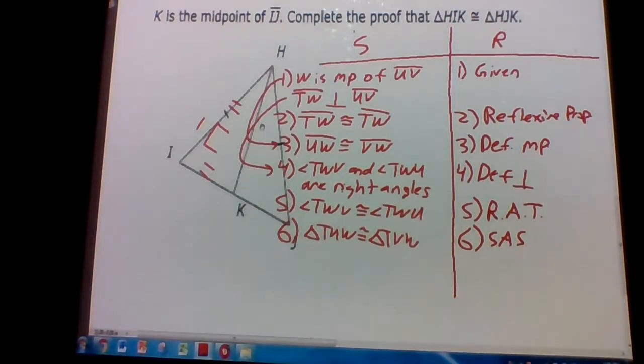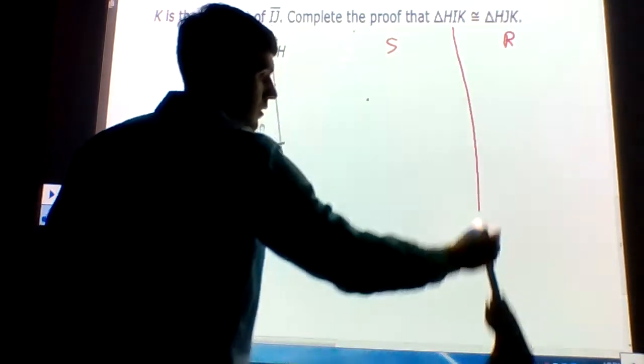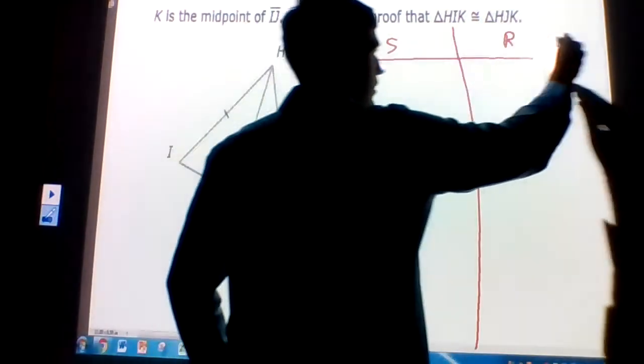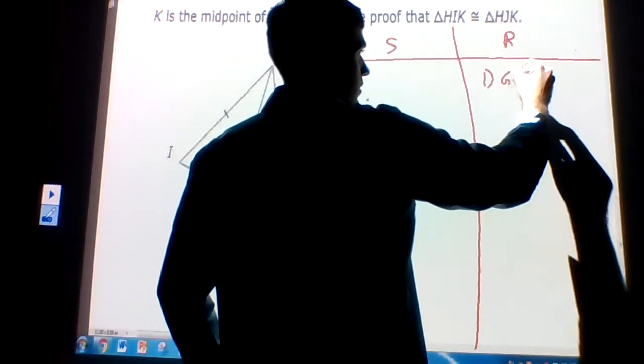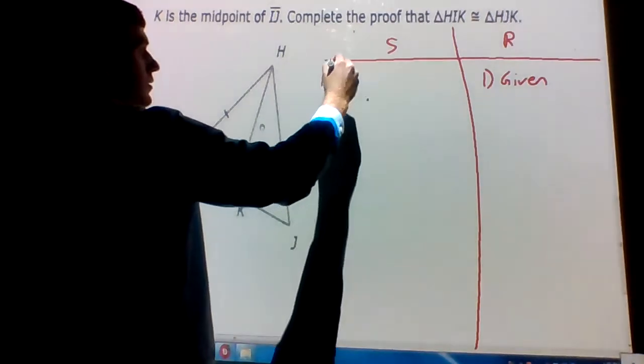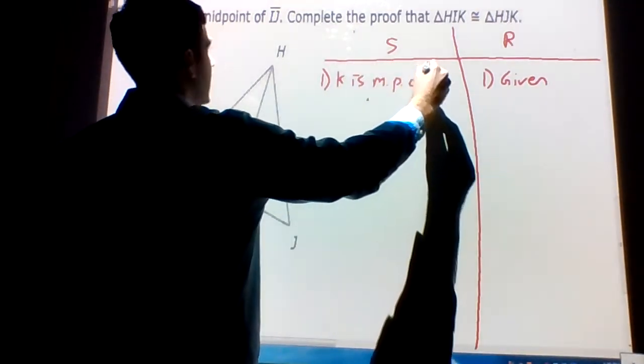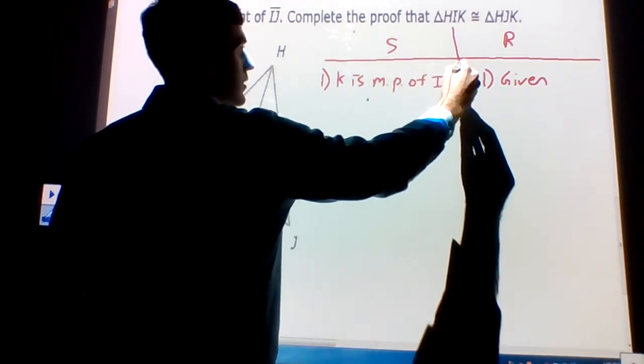Number 3. Our statements and our reasons. So one is given. K is the midpoint of IJ.